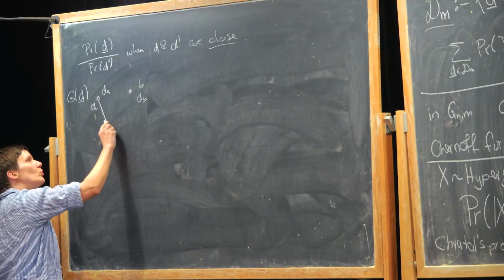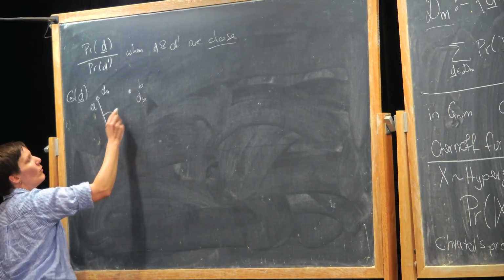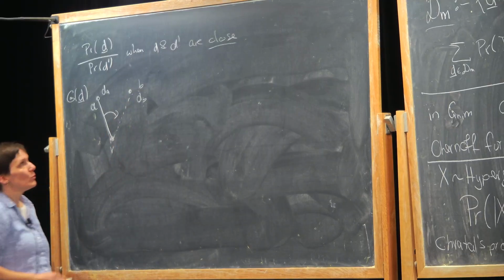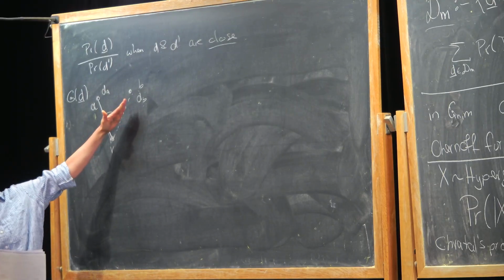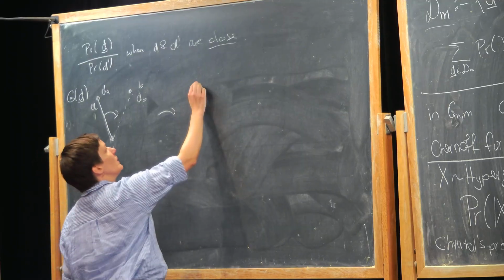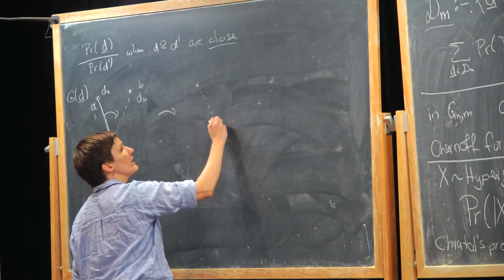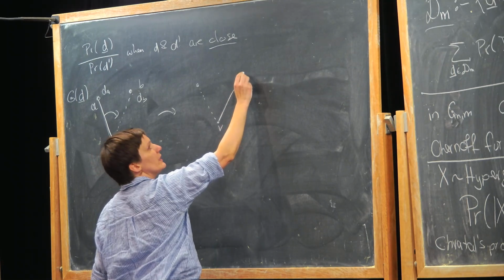And I want to pick a neighbor of A and move it over to become a neighbor of B. So that switch, if it's possible, will give me a new graph where I don't have an edge here, but I do have a new edge at B.